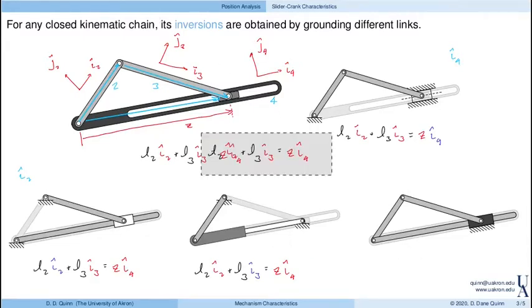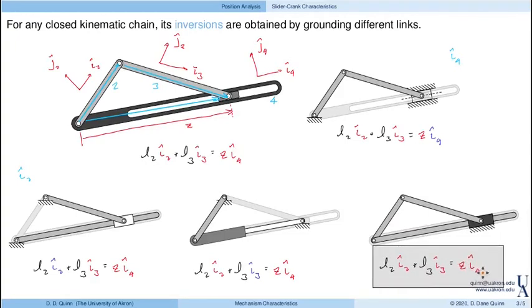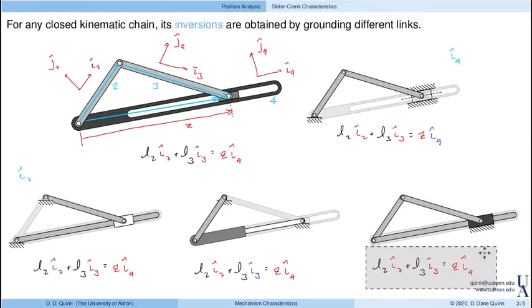Finally, for this last inversion, I4 is known, and let's color that blue. So we have 3 variables. Choose one, solve for the other 2. It's interesting that the loop closure equation for this mechanism and this mechanism is exactly the same.